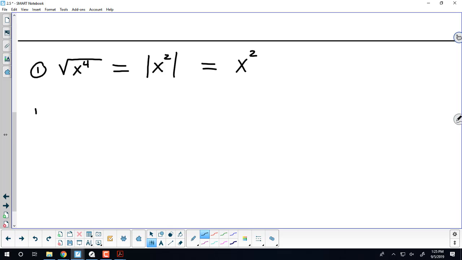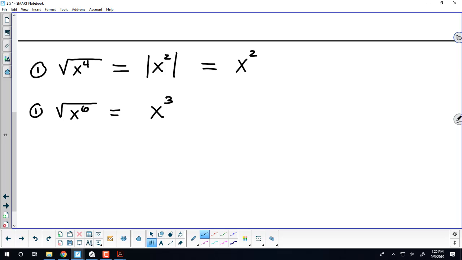What about the square root of x to the 6th? I mean, to the 3rd. To the 3rd? Okay. X to the 3rd, what do y'all think? You need an absolute value. Why do we need the absolute value there, given odd versus an even exponent?